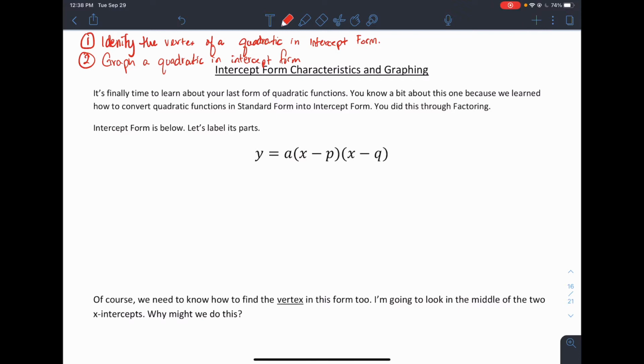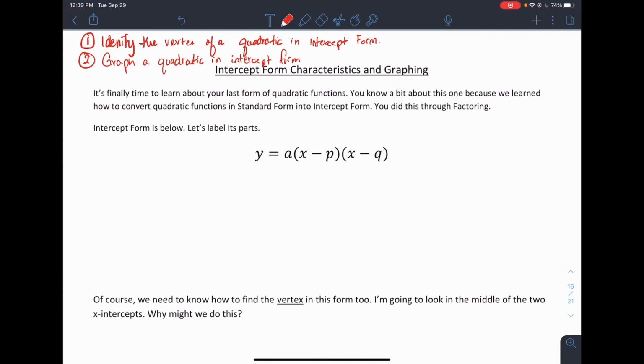Intercept form looks like this, with y equals a times x minus p times x minus q. P and Q aren't particularly important letters. I've seen it with other letters in different textbooks. It's just important that we understand when we see this form what those numbers represent. All right.